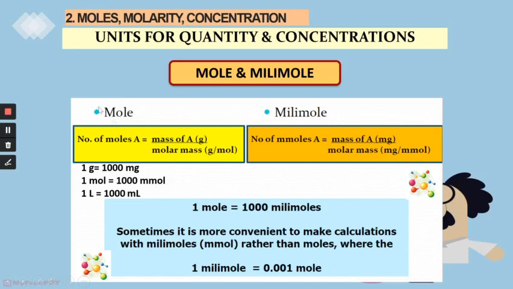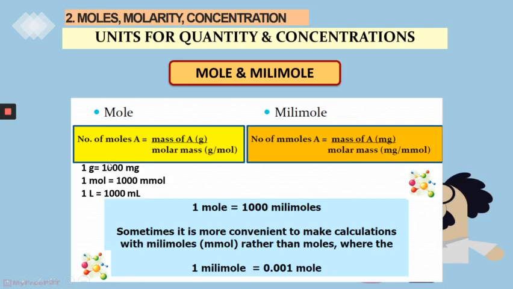So if the question is number of mole A, it is equal to mass of A in unit gram per molar mass in unit gram per mole. To calculate millimole, use the formula: number of millimole of A equal to mass of A in milligram over molar mass in unit milligram per millimole.